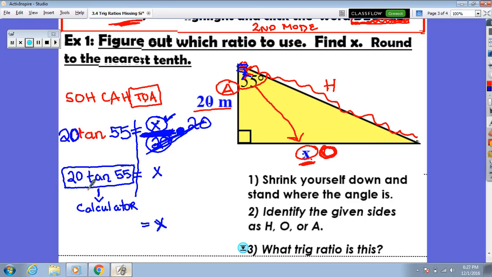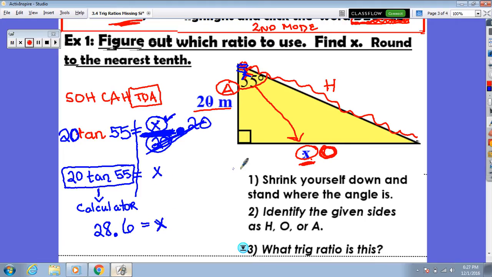Press enter. Now we get a number that is a decimal, but remember we just want ours to be rounded to the nearest tenth. The tenth is one place behind the decimal. So that is going to be 28.6 because there is a 6 behind the 5 and that makes the 5 go up 1.